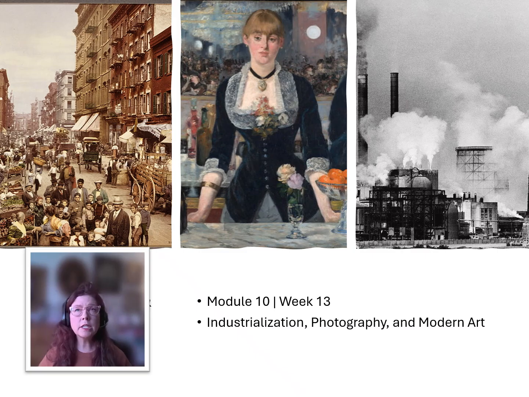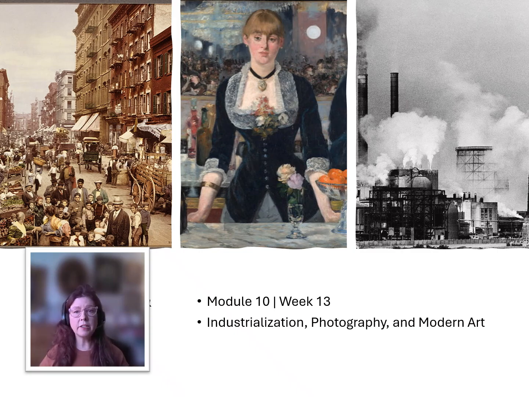So just in this one slide, you are seeing three versions of modern life that are all emerging at the same time. You have the crowded city, you have the modern individual, and you have the industrial machine. And this is the tension of the entire unit, because modern life is not just about progress, it's also about contradiction.